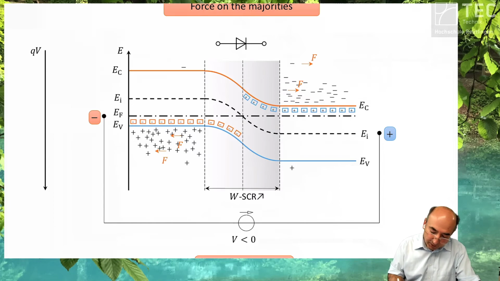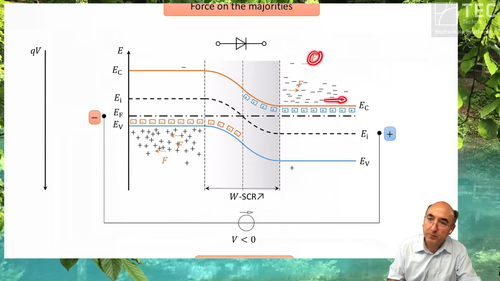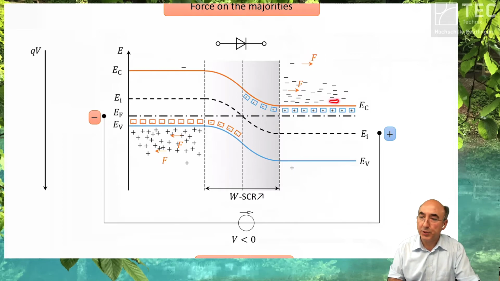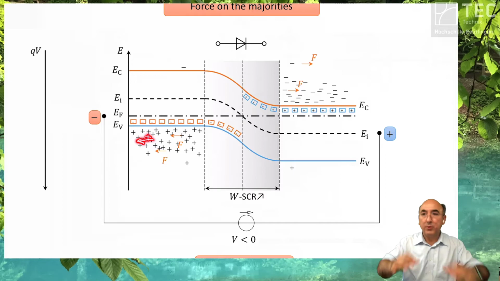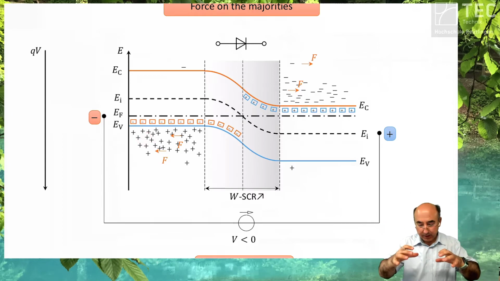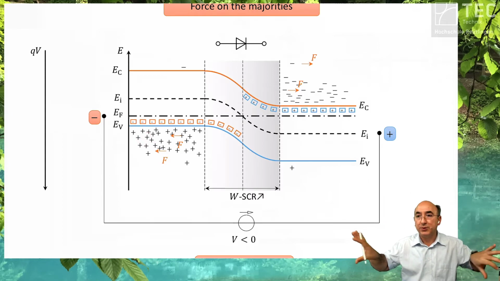Why? You attract, so F is the force. You attract the mobile charges, these carriers, to these poles. So the mobile carriers are attracted towards the poles.